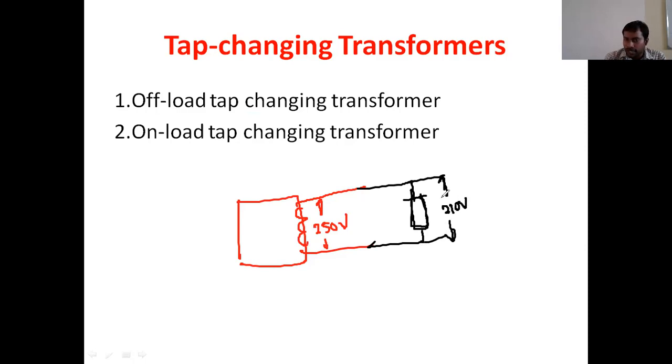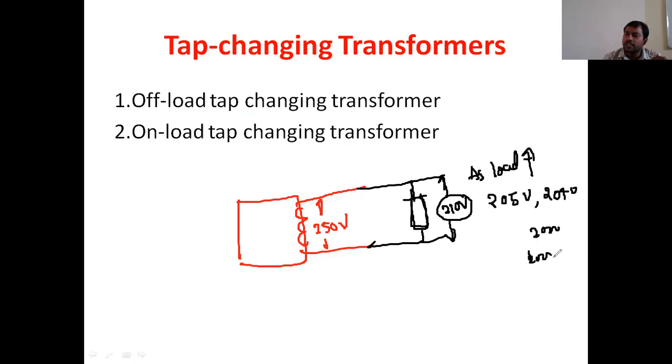210 volts. And now as load increases, the 210 volts will be reduced to 205 volts. Again, if you increase the loads, inductive loads, the voltage will drop again to 204 volts, 202 volts, to 200 volts, like this.